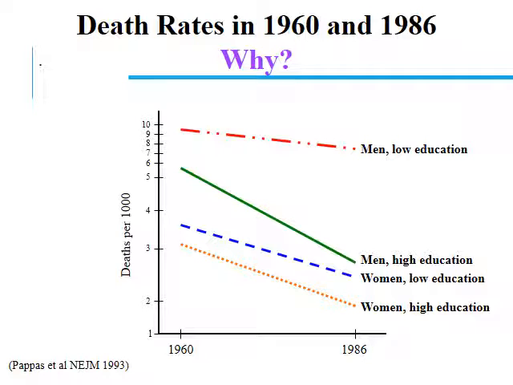You see at the very top, the greatest number of deaths are men with low education. And then the next highest group for mortality is men with high education, followed by women with low education, and the lowest rates are women with high education.